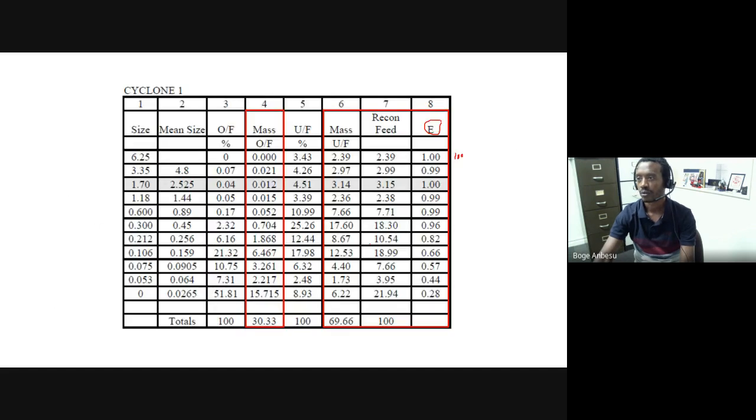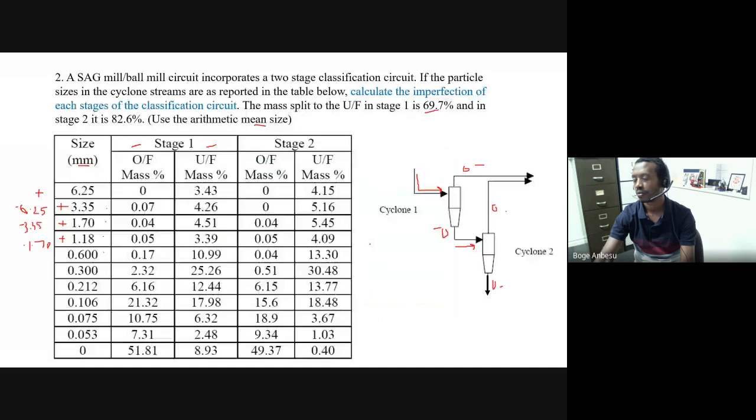So if you look at the cyclone information given, the split to the underflow was 69.7% for the first cyclone and 82.6% for the second cyclone, which means of whatever comes here, 82% splits to the underflow.